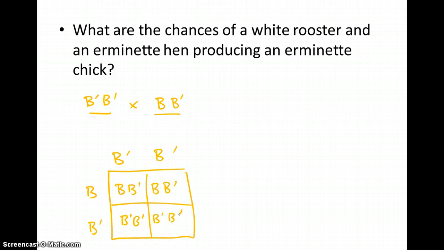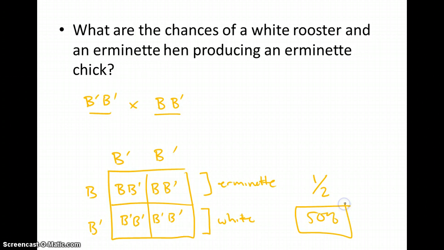Okay, what are the chances that they have an erminette chick? I see half of these individuals as being white, and I see half of these individuals as being erminette. That means they have a 1/2 or 50% chance of having an erminette chick.